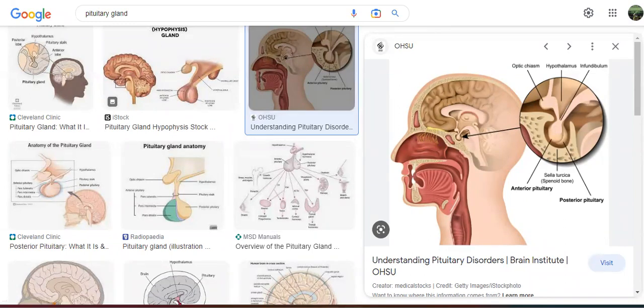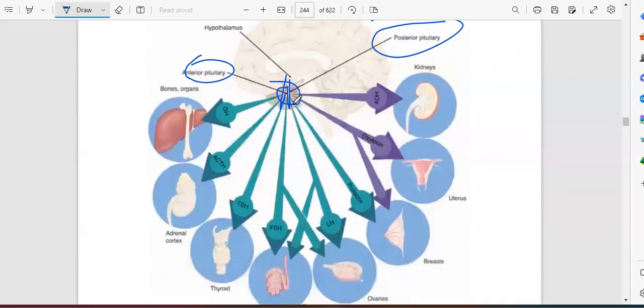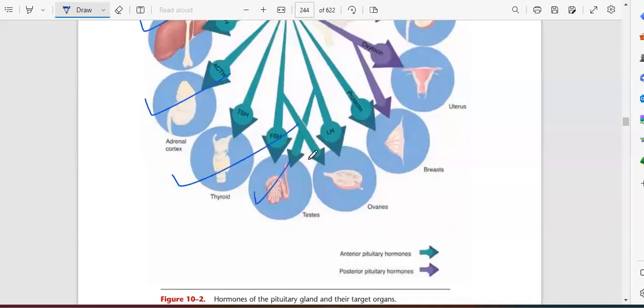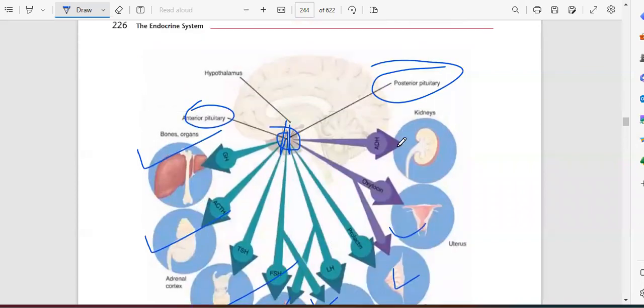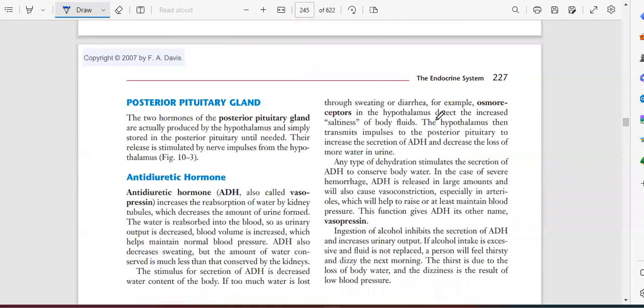Let's see the different functions of the pituitary gland. It releases growth hormone, ACTH, TSH, FSH, LH, prolactin, oxytocin, and ADH.